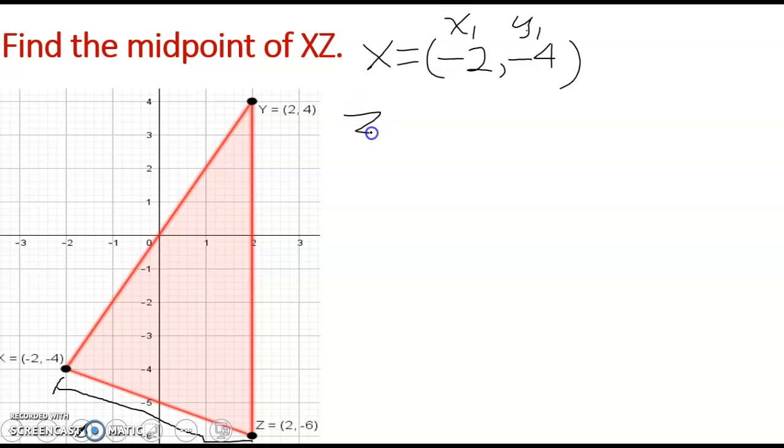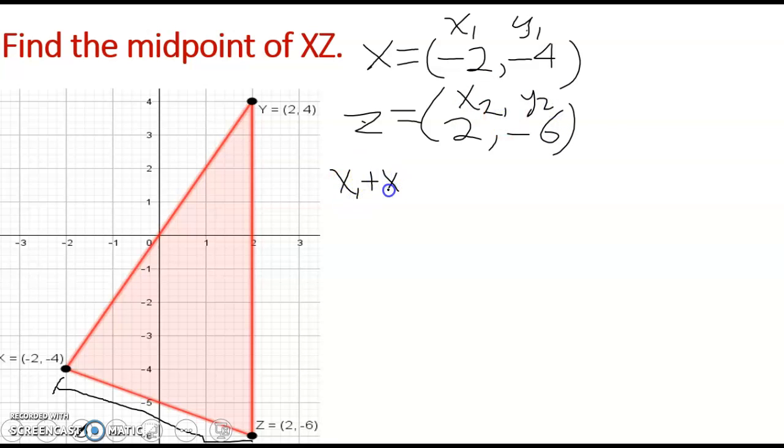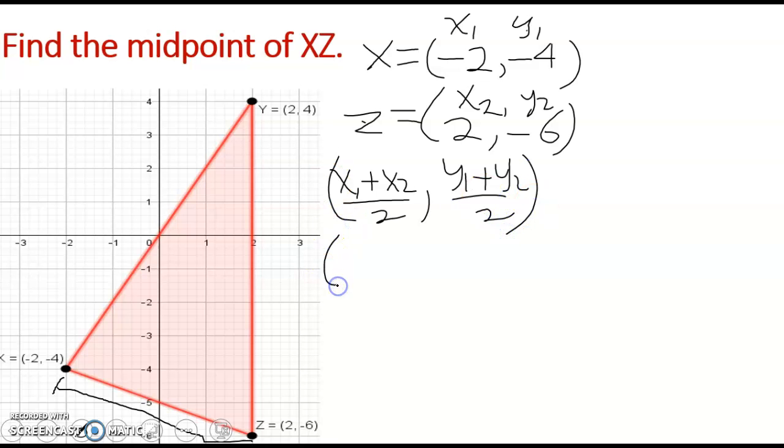And then Z, because these are the endpoints, is 2, -6. So we label it x2, y2. And now we have x1 plus x2 divided by 2, y1 plus y2 divided by 2. Because it's an ordered pair, we put that in parentheses.